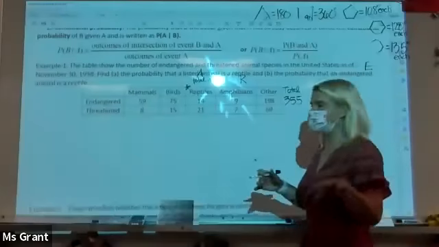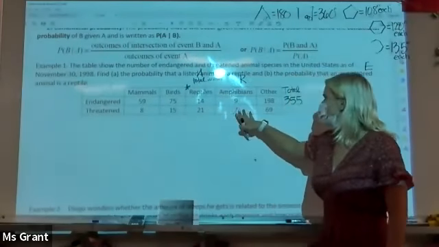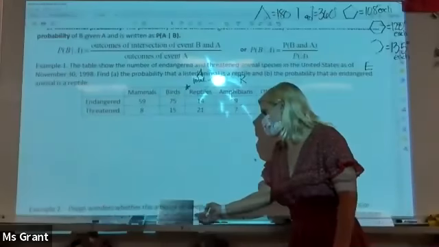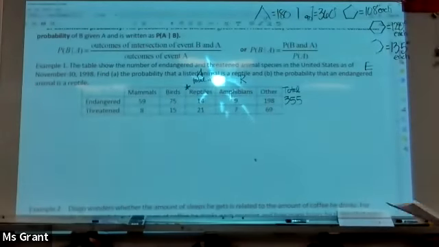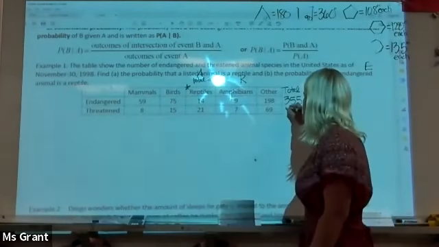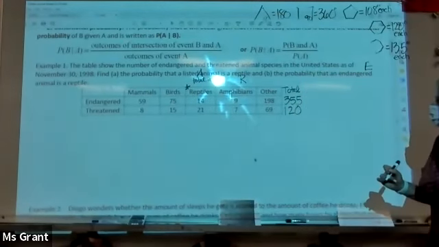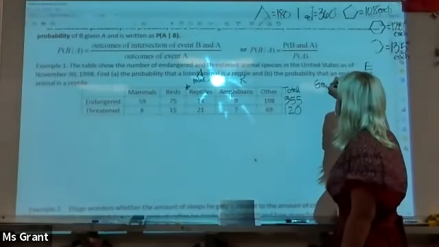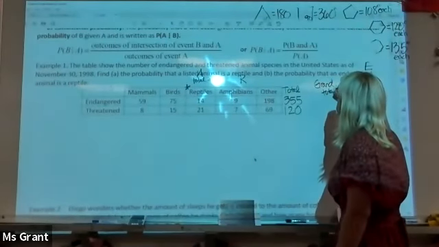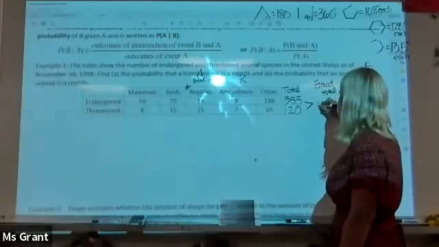Now let's do threatened. 8 plus 15 plus 21 plus 7 plus 69. Yeah, 120. So grand total, if I care about all the animals, is 475, right?